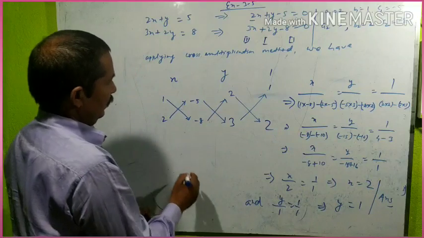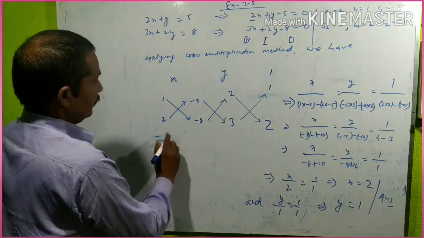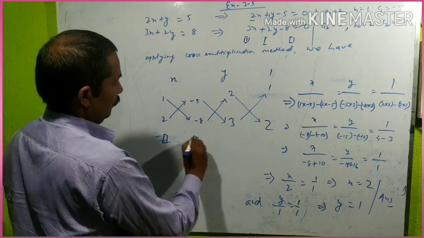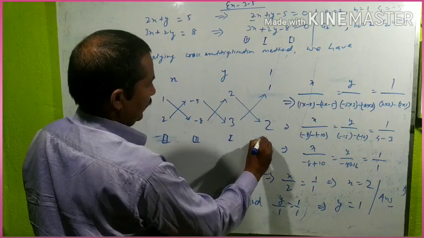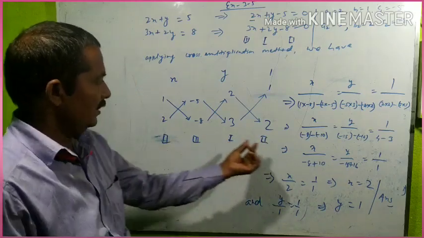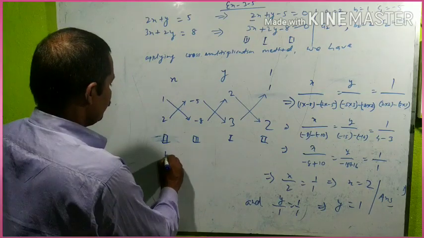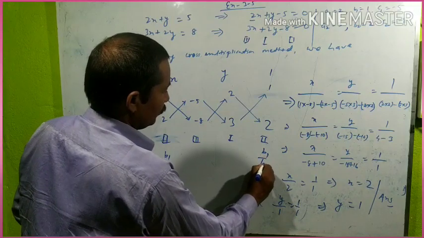2 and 3. Then again first one, 1 and 2. Means first and last, second. Means first and last, b1, b2. Here also b1, b2.